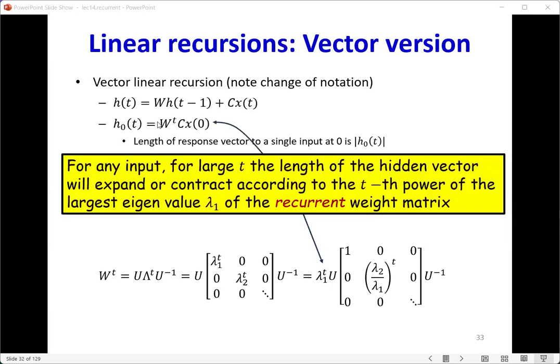For any input, for large T, the length of the hidden vector will expand or contract according to the Tth power of the largest eigenvalue of the eigenmatrix. Do you agree with this? So what happens if this largest eigenvalue is greater than 1?